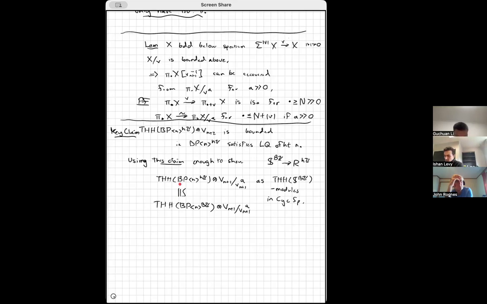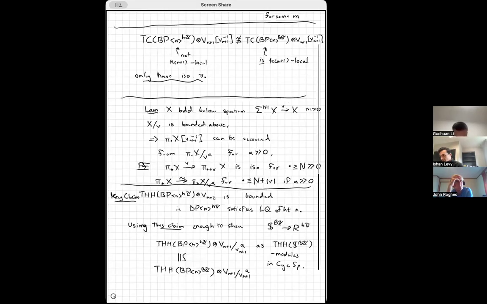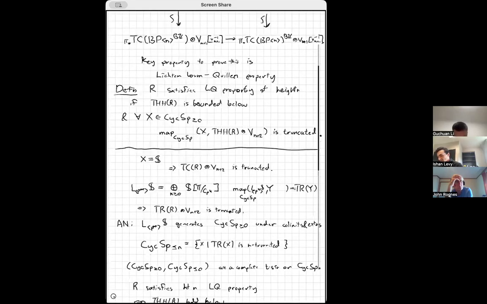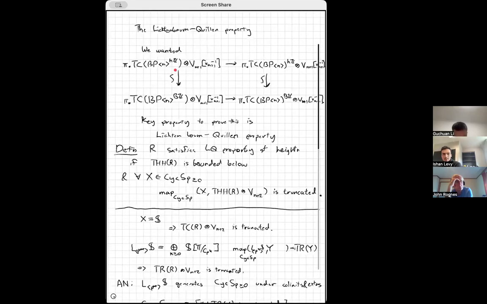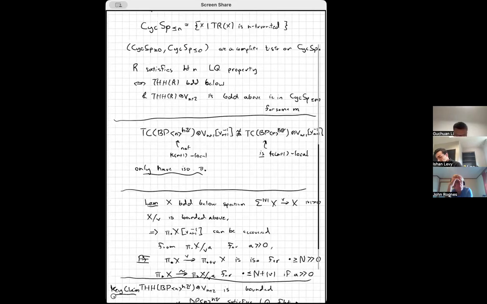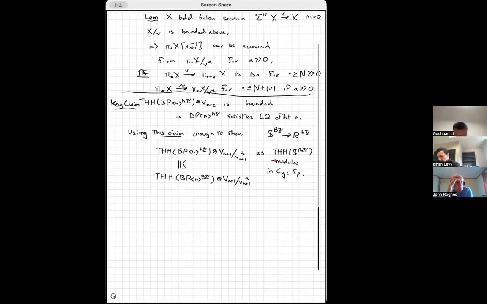And so the point is that if you know this isomorphism as modules in cyclotomic spectra, then you in particular get this isomorphism by applying TC and this lemma about recovering the homotopy groups after inverting v_{n+1}. And then you can also recover this isomorphism, essentially because this module structure tells you something about the co-assembly map.